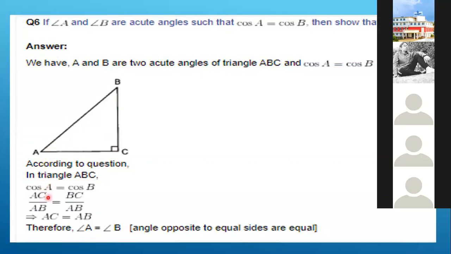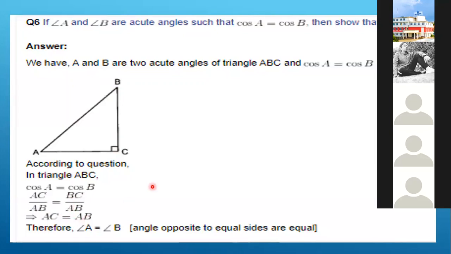Any doubt, children? No, ma'am. Same thing, I'm taking cos B. For cos B, adjacent is BC and hypotenuse is AB, so BC by AB. Any doubt here? No, ma'am. Both the denominators are same. AB will get cancelled. So AC is equal to BC will remain.